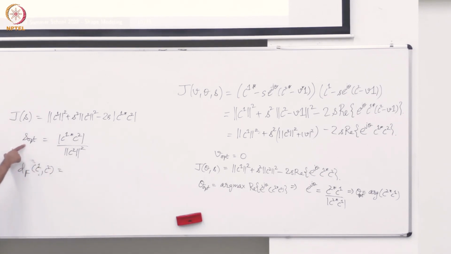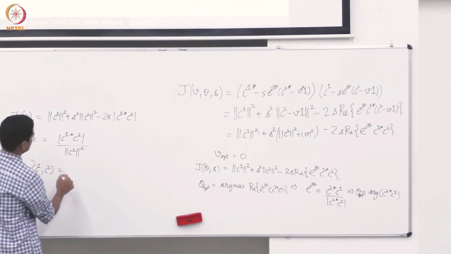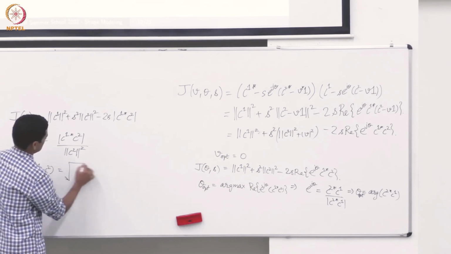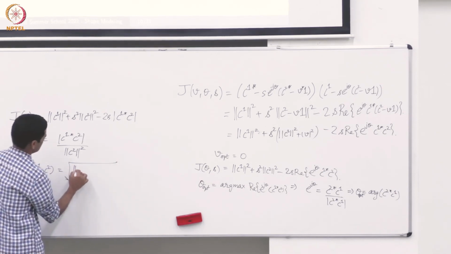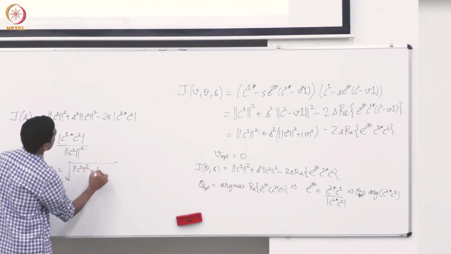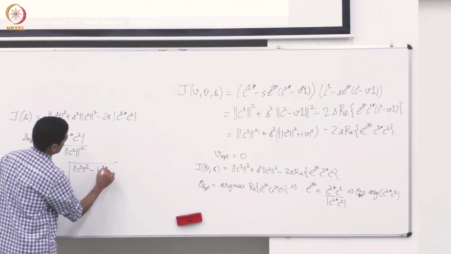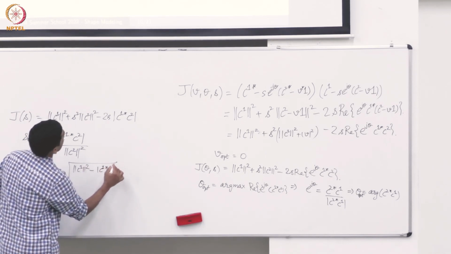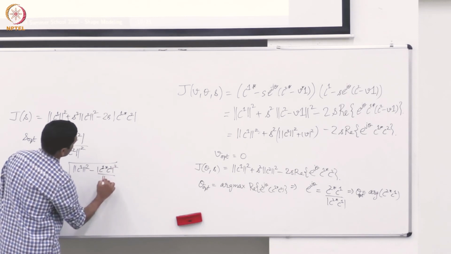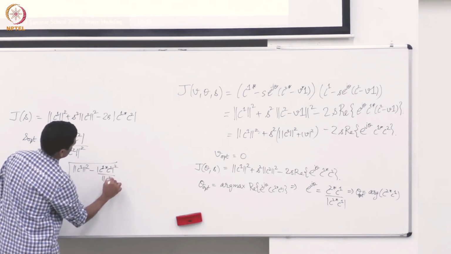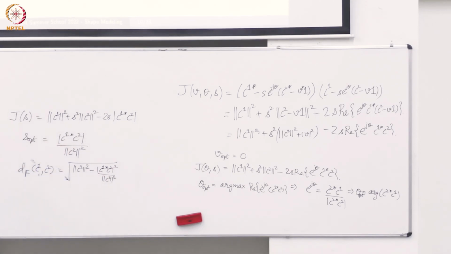What happens if I substitute S optimal here? I hope you see that you're going to get that. This is called the full Procrustes shape distance.